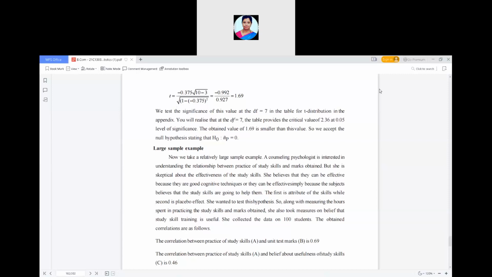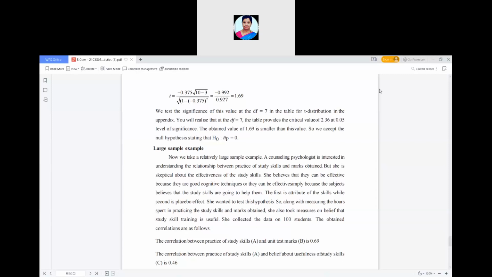A counseling psychologist is interested in understanding the relationship between the practice of study skill and marks obtained. But she is skeptical about the effectiveness of this study skill.